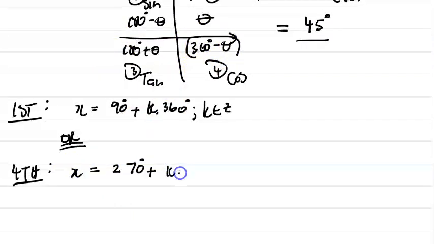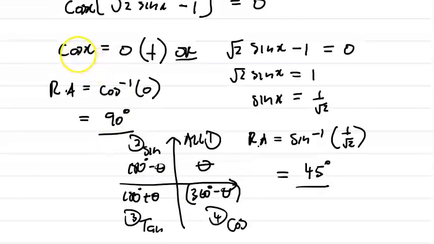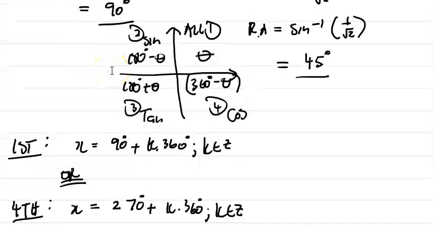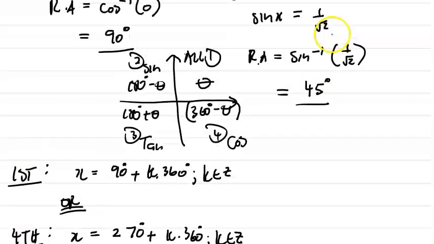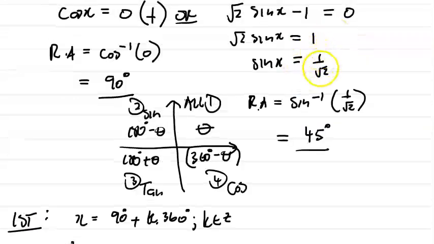So 270 plus k times 360, where k can be any integer value. So that's your general solution for cos x equals 0. Remember, cos is positive in the first and the fourth quadrant. Now for this one, sine x equals 1 over root 2.